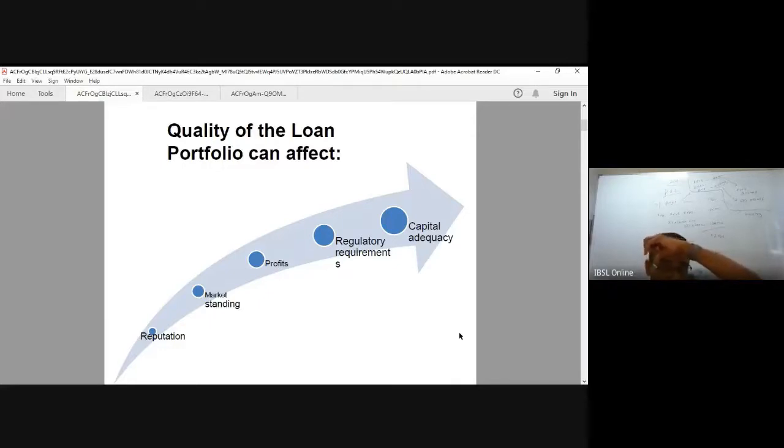The regulatory requirements, right? With the quality of the portfolio, your provision requirements can increase, impairment provision requirements and so on, which can affect your overall picture. Your capital adequacy requirement will increase based on the quality of the portfolio.